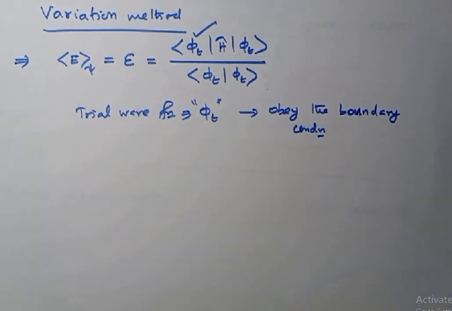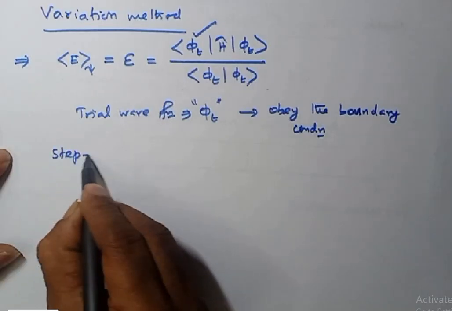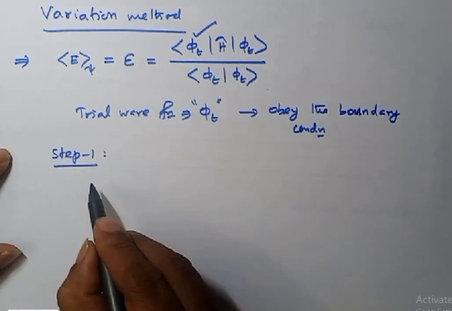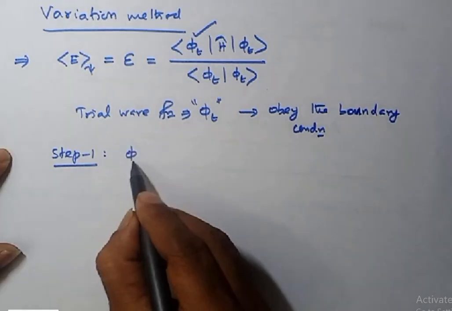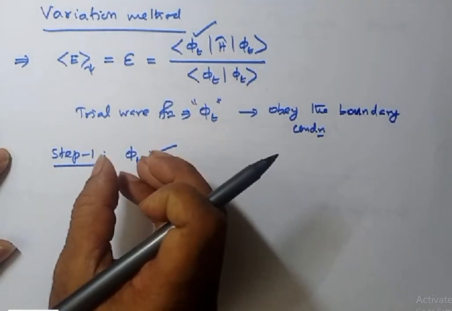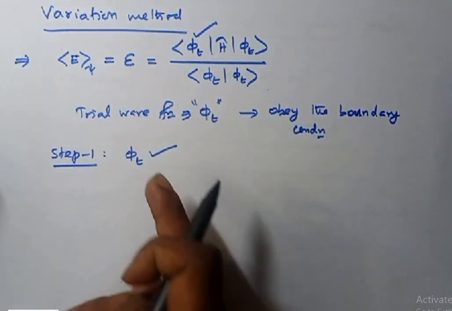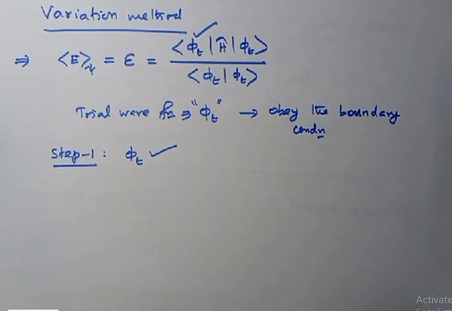What are the steps we should follow? Step 1. For a given system, find the trial wave function, or guess some trial wave function, which should obey the boundary condition of the problem.